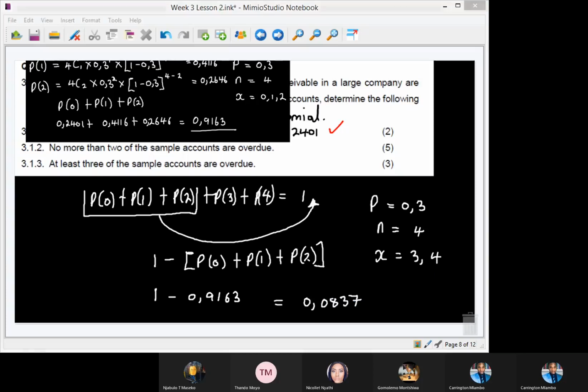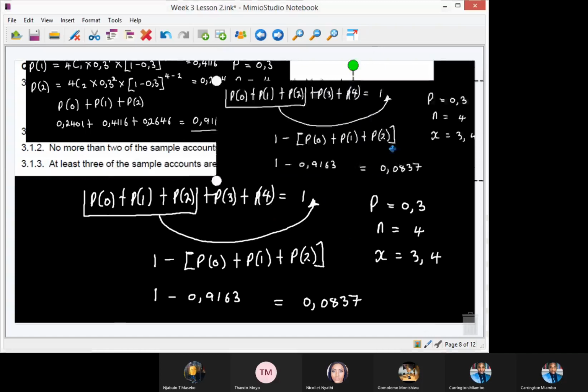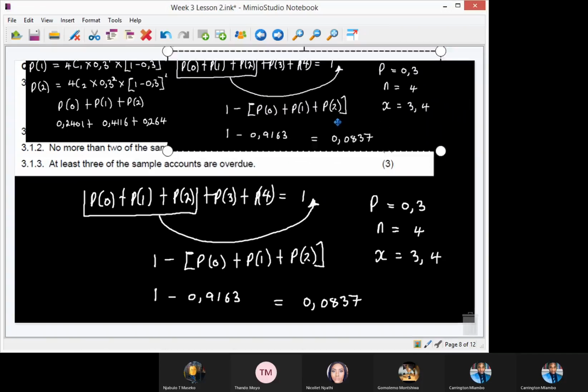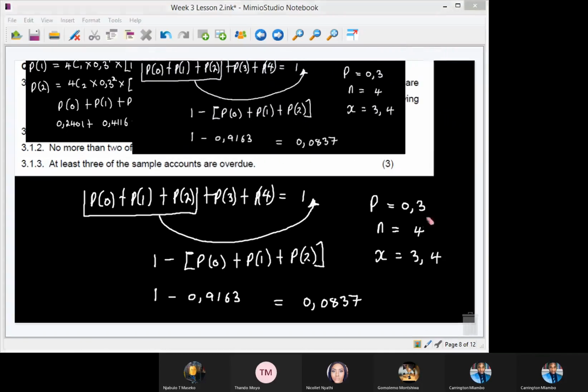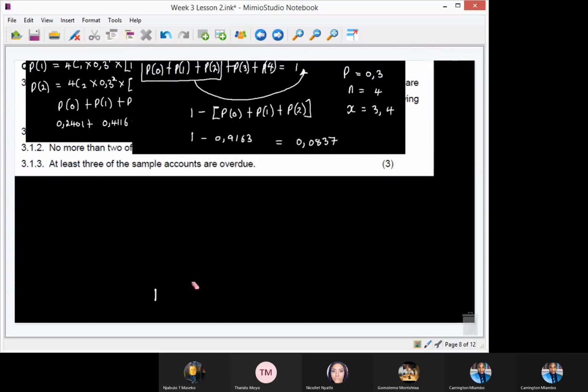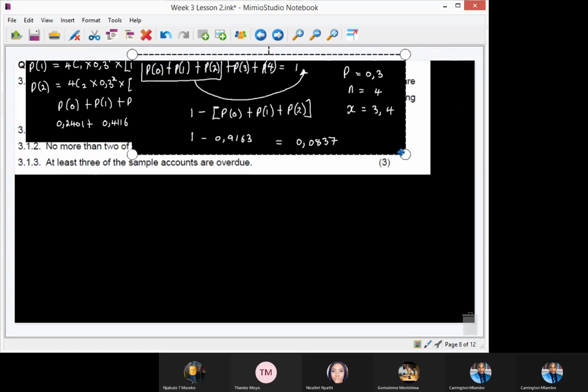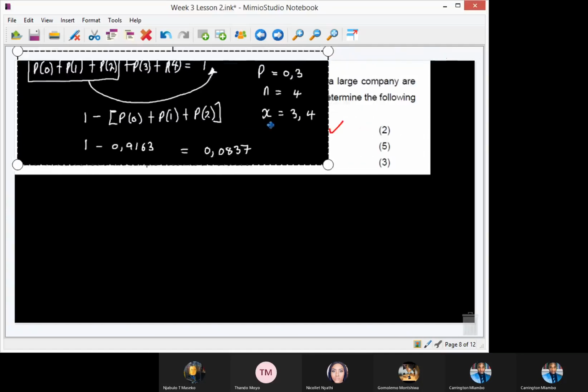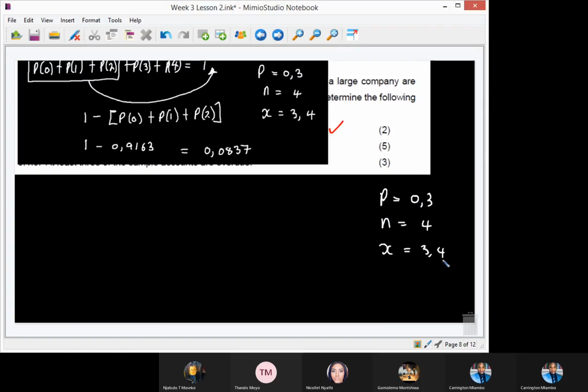That's the way that you can do it. If you don't want, you can go on and calculate for 3 and for 4. Right, this is one way of doing it. Or you can calculate, since your P is 0.3, your N is 4, your X is 3 and 4.